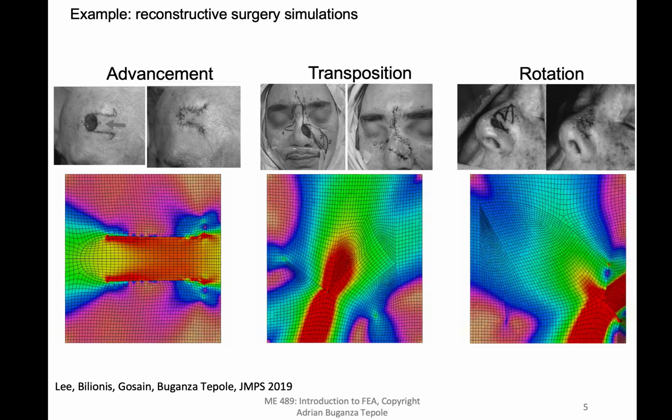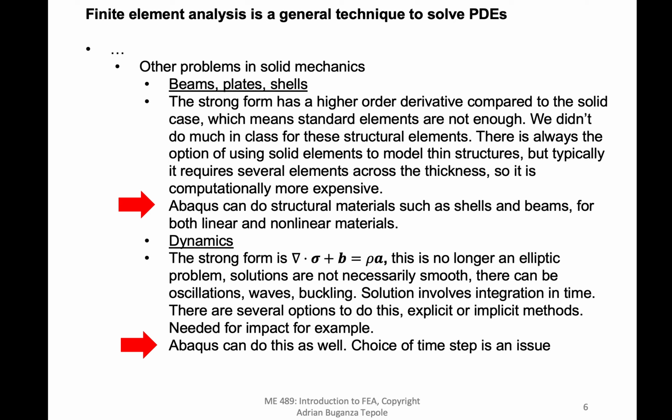And I don't have the material properties, but it's nonlinear. It looks like an exponential curve almost for the stress strain response. So again, you can do this with Abaqus. These simulations were done with Abaqus. But you need to learn a little bit more about how to enable this nonlinear material, nonlinear deformation.